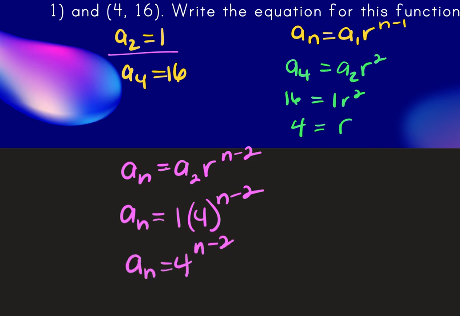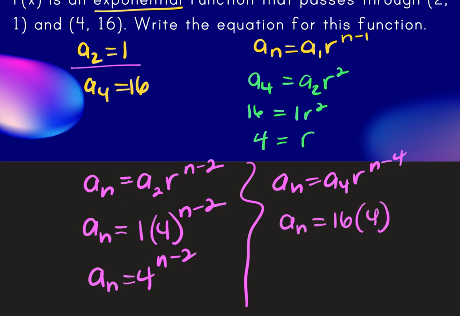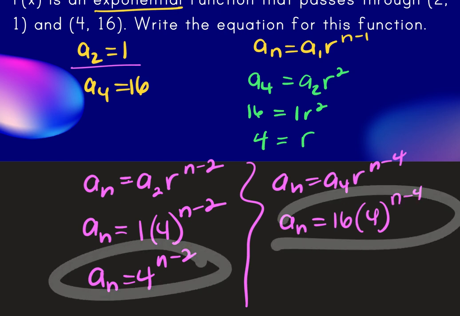That's one thing you could do. You could also use your A4, so An would equal A4 times R to the n minus 4, and I would get An equals 16 times 4 to the n minus 4. If it's an open-ended question, both of those would be accepted. You could even work your way backwards to get an A1 and use that.